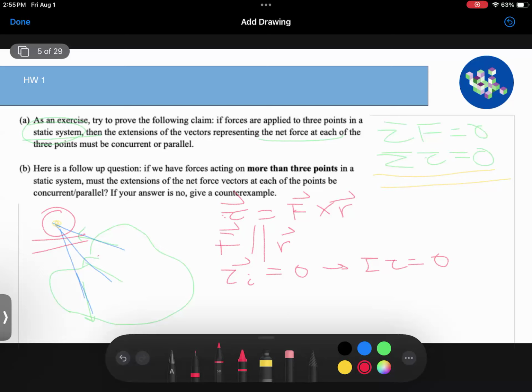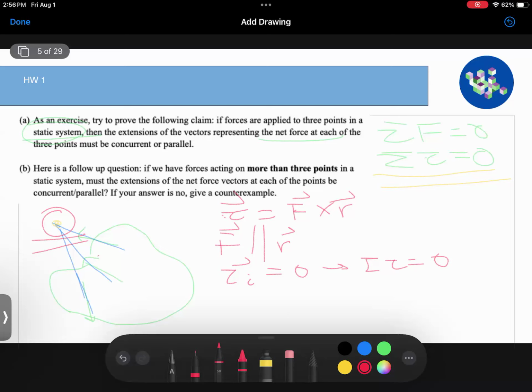So we have a static system here, and we basically just proved it, because we showed that if the extensions of the net force vectors are concurrent, then the radius vector is always parallel to the force vector, meaning your torque would always equal 0. And because your net force is equal to 0, the net torque about any single point in space will be equal to 0. So you always have sum of force is 0, sum of torque is 0. So we basically proved the theorem.